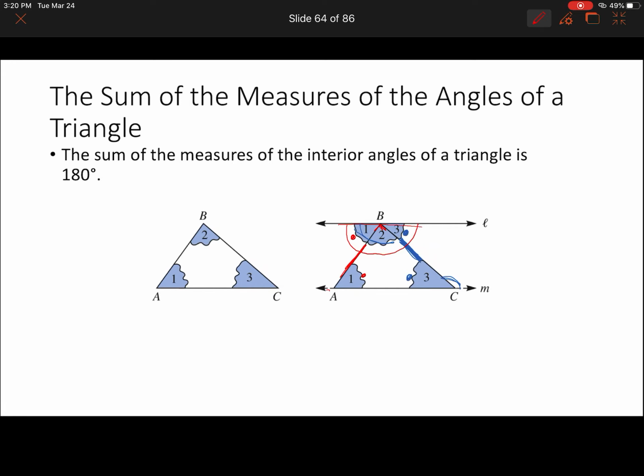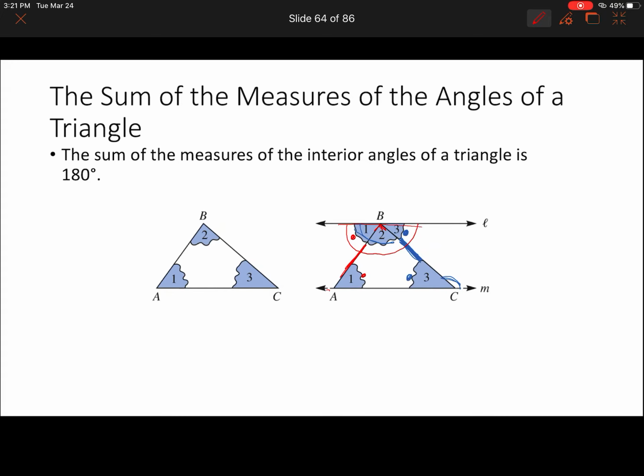We know that this full rotation is 180 degrees, from one side all the way around to the other, that full half turn. Based off of the fact that angle 1 is an alternate interior angle and angle 3 is an alternate interior angle, and we already know angle 2 combined with angles 1 and 3 had to be that 180 here at the top, then angles 1, 3, and 2 in the triangle also add to 180 degrees.